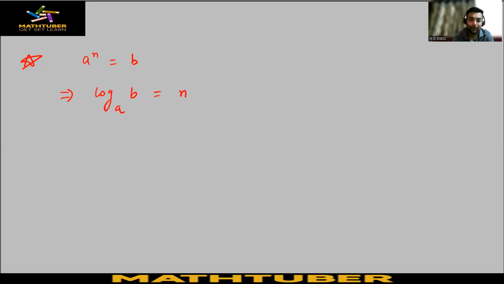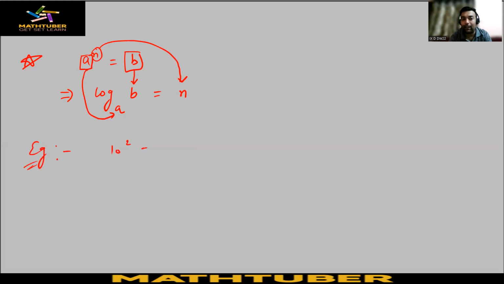So the base here becomes the base of log, the answer becomes the argument of the log, and the power becomes the answer of the log, right? Let us say we have an example. Suppose we have 10 square equal to 100. If we want to write it in logs, it will be log 100 with base 10 is equal to 2, right?